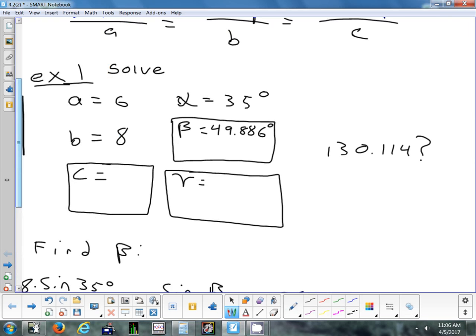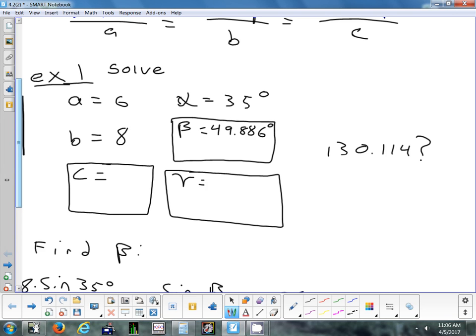Well, think about, what about the angles in a triangle? What do we know about them? So what do we know about all the angles in a triangle? They all have to add up to 180. So could you fit a 130-degree angle in the triangle that we have?